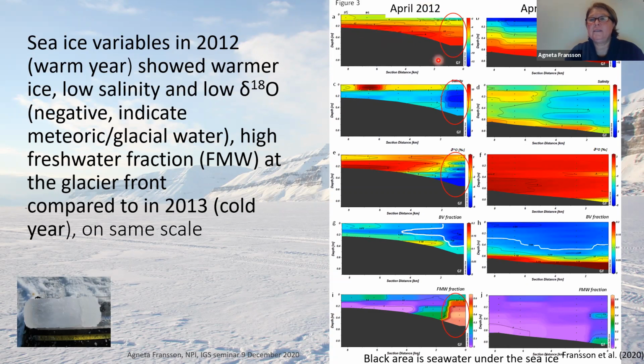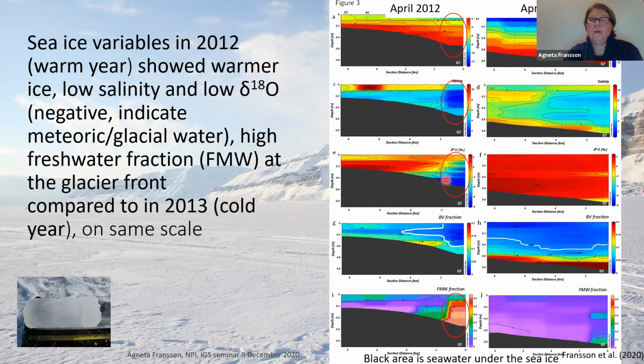So here are the sea ice variables for April 2012 and April 2013, and the black is seawater, so that's the border between the water and ice. This is sea ice, and in the inner part of the fjord, at the glacier front, you have the thicker ice, and it is thinning towards the ice edge. In 2012, the ice was thinner compared to 2013, and it was also warmer ice in 2012, the red and yellow, and it also had lower salinity, with this blue compared to this light blue and yellow in 2013.